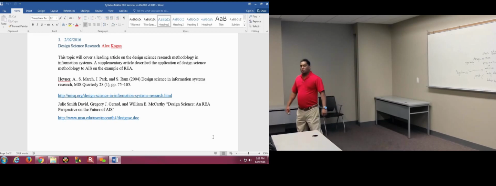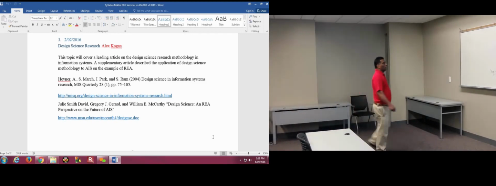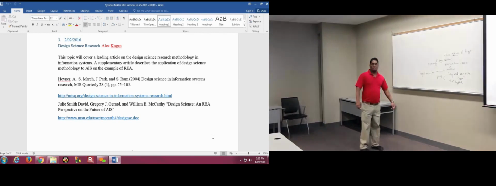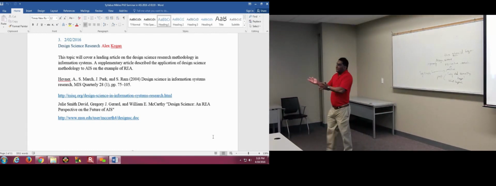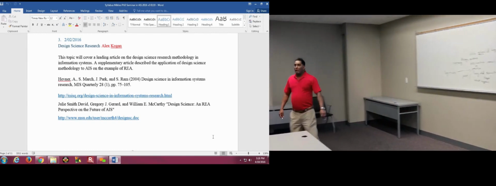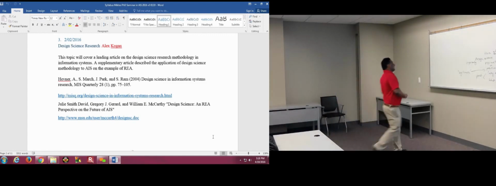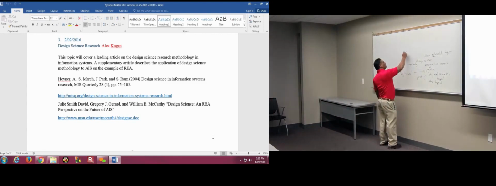So to facilitate that kind of research, this idea of design science came about, and it has become a field in its own right. What design science people talk about is the difference between science versus engineering.